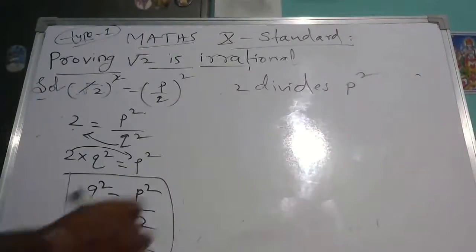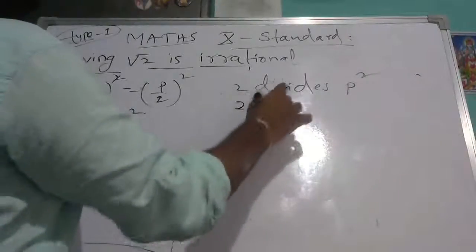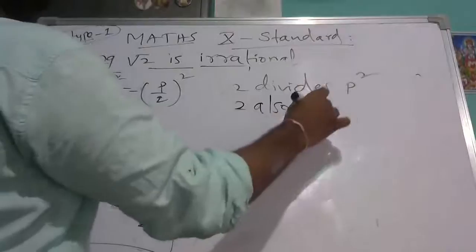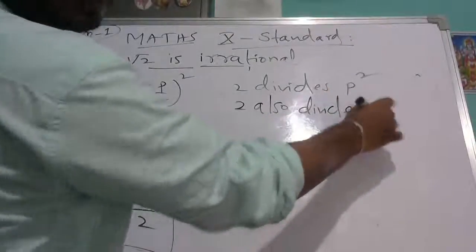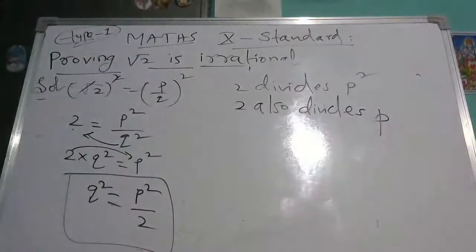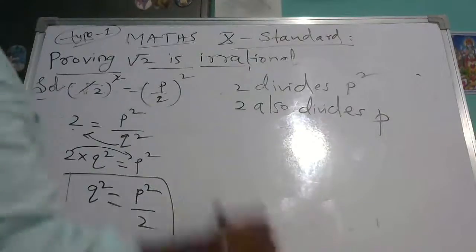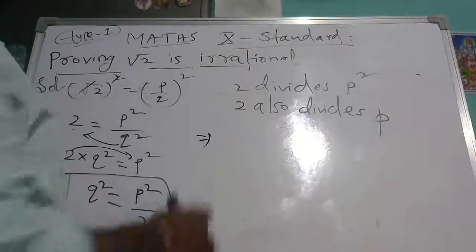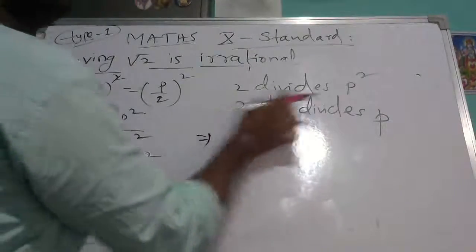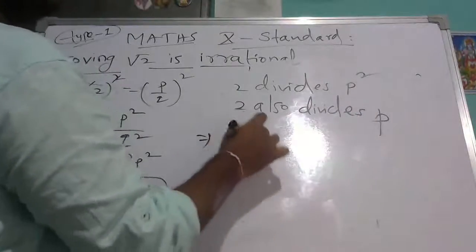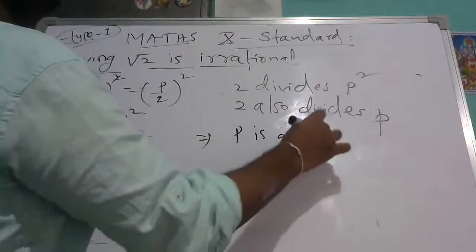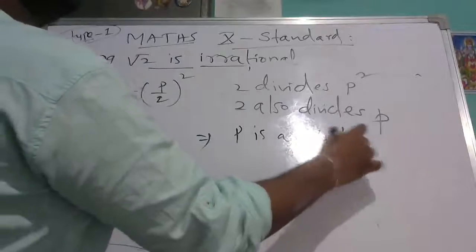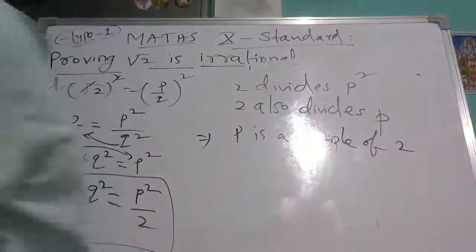So 2 divides p square means 2 also divides p. Clear for you? So 2 is dividing p means p is a multiple of 2.